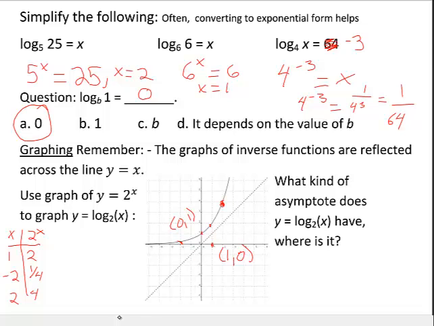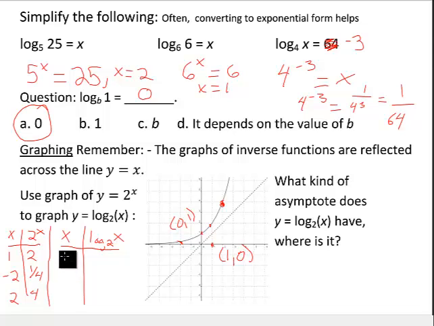So what if we look at the log now? If we have x and we have the log base 2 of x, and start looking at some similar points, what we're going to see is the behavior of inverse functions that we've noticed before.